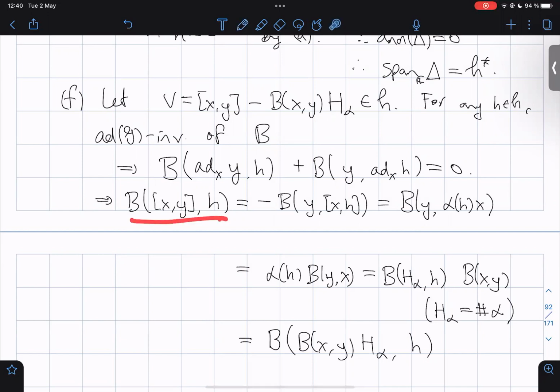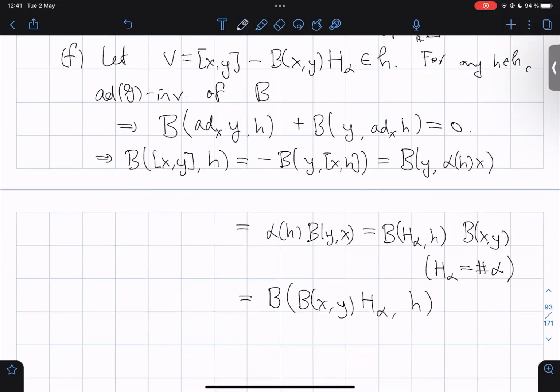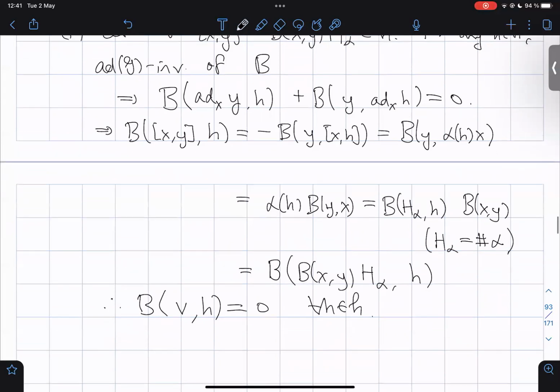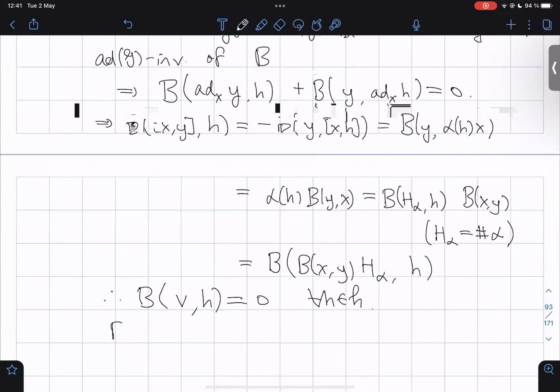We have this evaluated for arbitrary H equal to this evaluated for arbitrary H. So let's put them on the same side. So you get V paired with H is equal to 0. But this form is non-degenerate. So therefore, V is equal to 0.